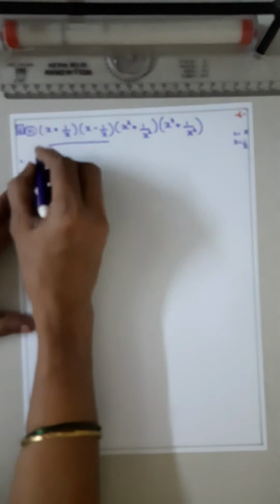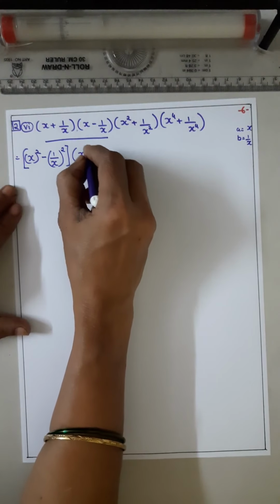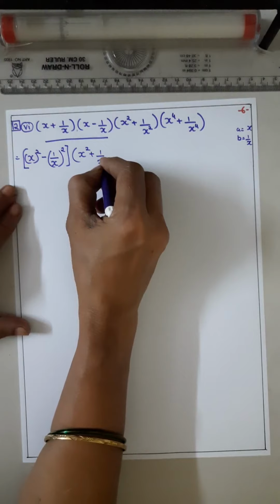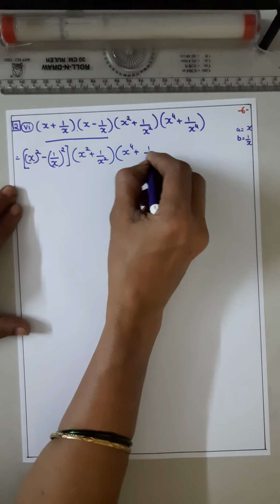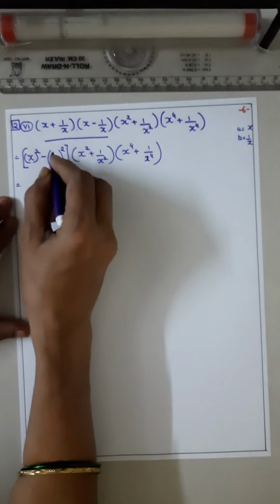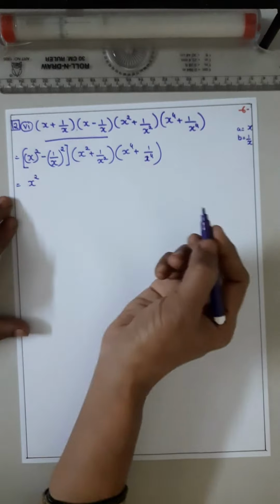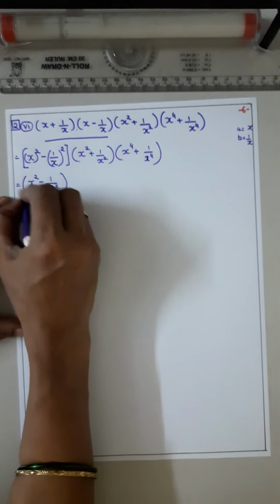So this becomes x squared minus 1 by x the whole square, a squared minus b squared. Now write this, x squared plus 1 by x squared, then x to the power 4 plus 1 by x to the power 4. Now when you open the bracket, it will be x squared minus 1 by x squared, isn't it?